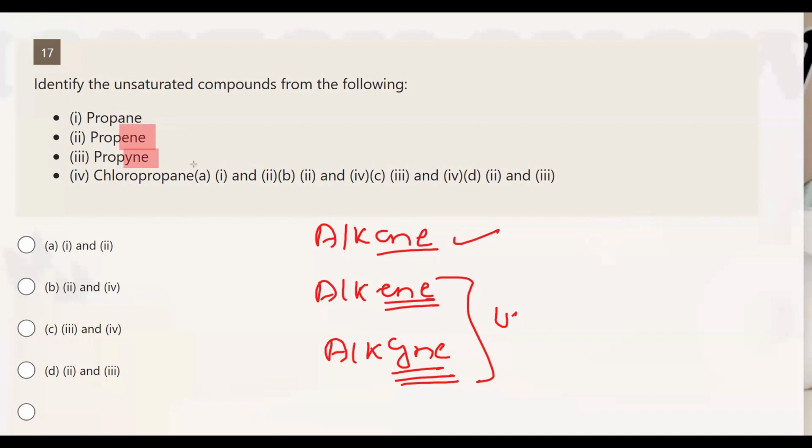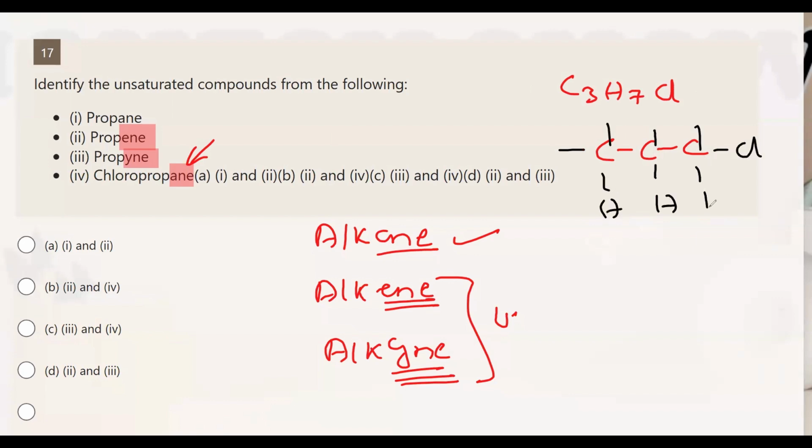And the next is chloropropane. Let me show you. Chloropropane is again part of an alkane only. Alkane is what? Propane. This is propane, with C3 and H8, and in chloropropane C3H7Cl. If you make its structure, you will find that it has hydrogen atoms attached and a chlorine at the end.